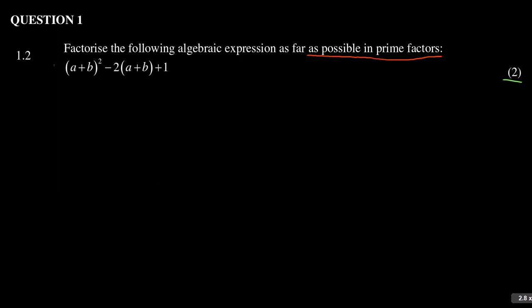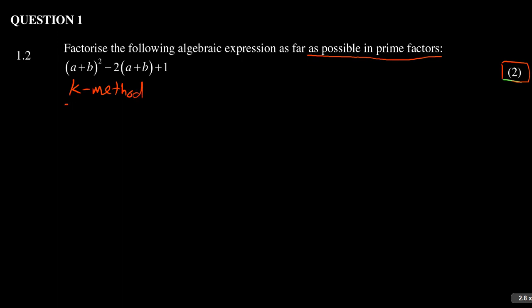So they are giving it as (a plus b) squared minus 2 into (a plus b) plus 1. Now one of the easiest ways, you can see that this is 2 marks, but it looks a bit complicated. So don't be tempted to open the brackets. The most common thing about this question, we call it use the K method.